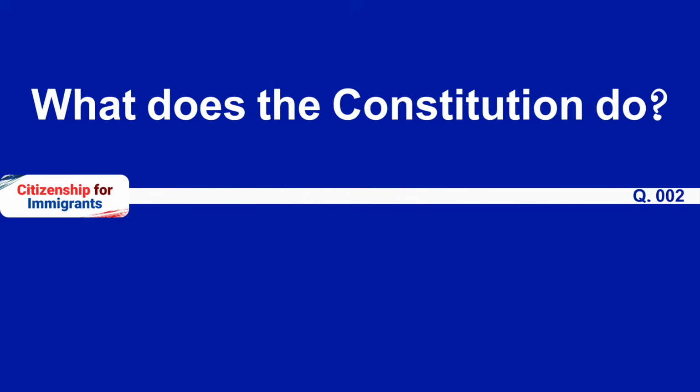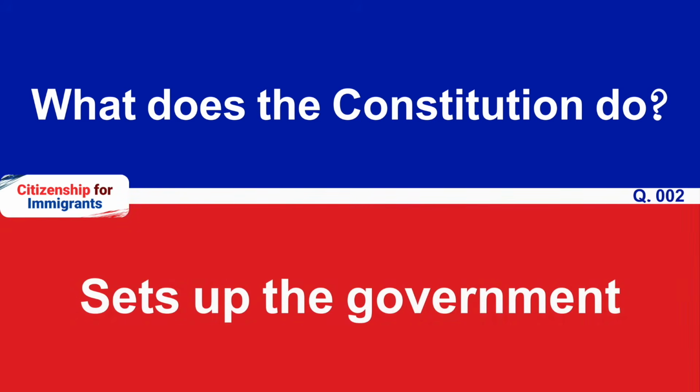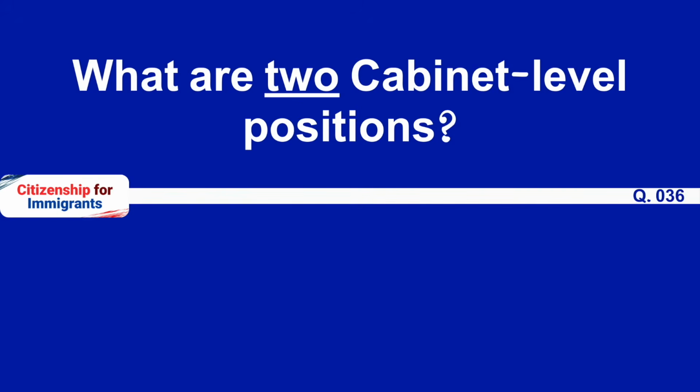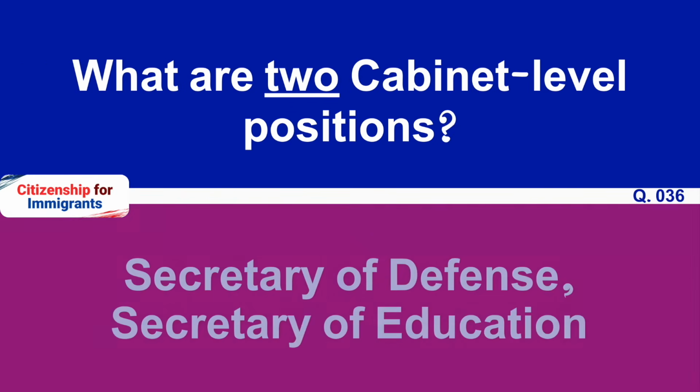What does the Constitution do? Sets up the government. What are two cabinet-level positions? Secretary of Defense, Secretary of Education.